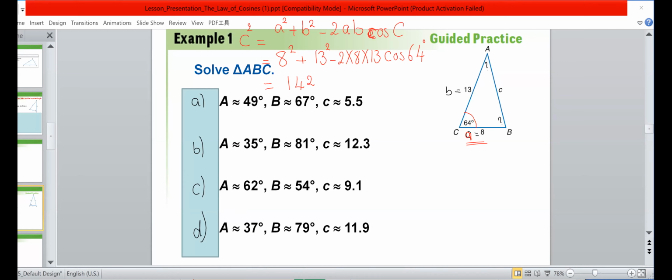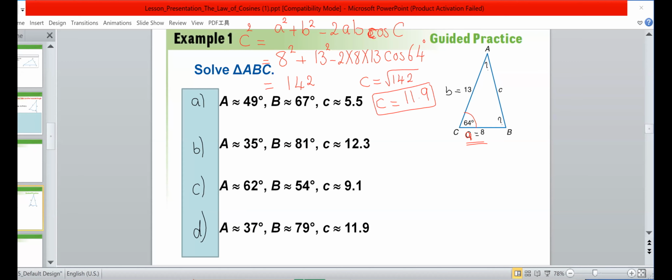This is c power 2, but I need c. So c will be the root of this number. Using my calculator, I take the square root of the answer, equal 11.9. This is the answer.